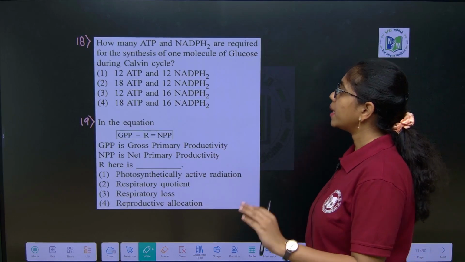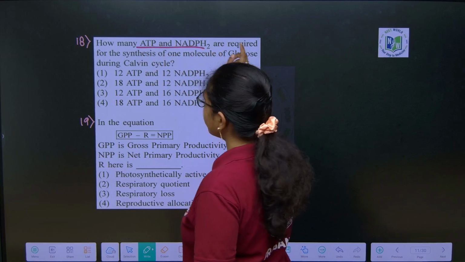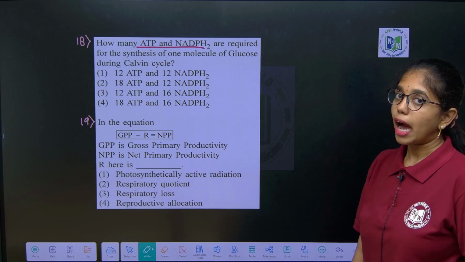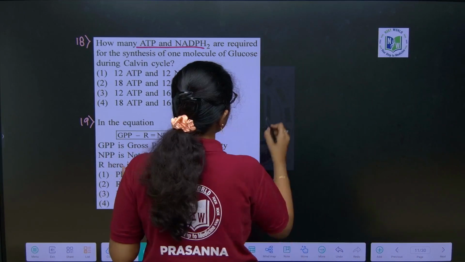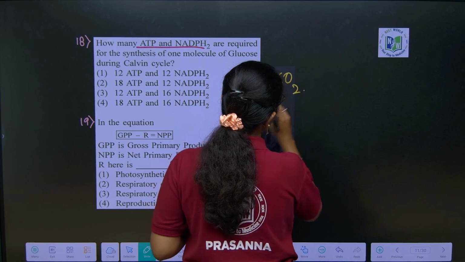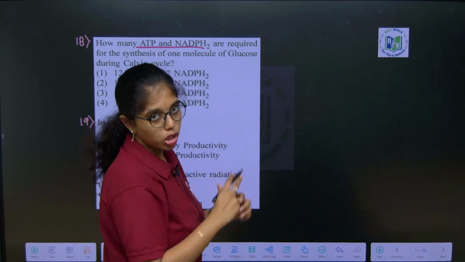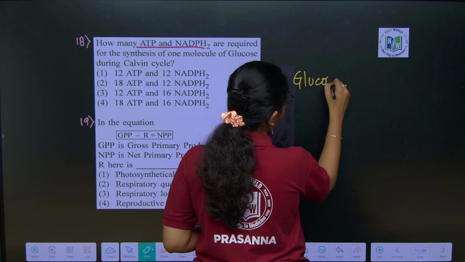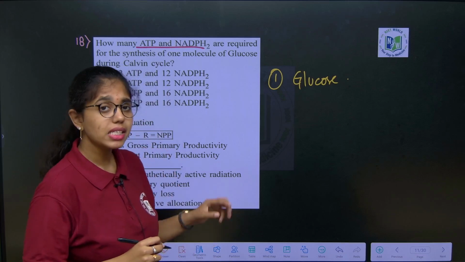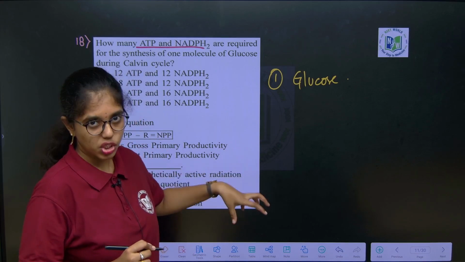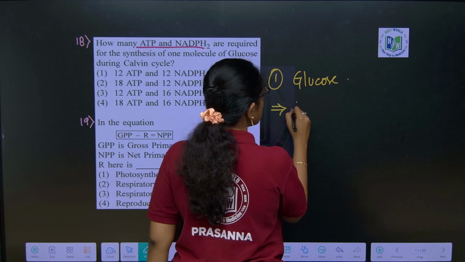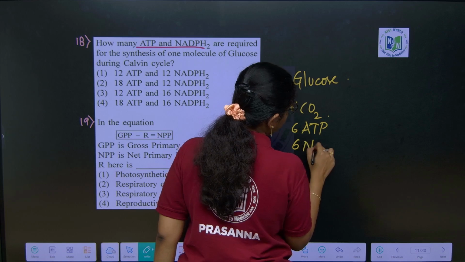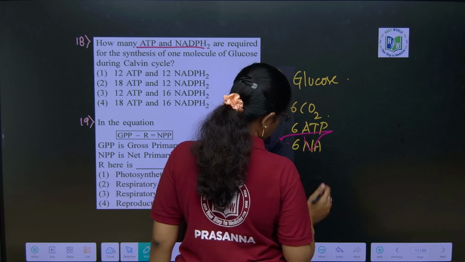Next, how many ATP and NADPH are required for the synthesis of one glucose molecule in the Calvin cycle? Of course, we all know. Let us quickly revise the Calvin cycle once. For one glucose formation, we need 6 Calvin cycles, that is, 6 carbon dioxides have to be fixed. So it requires 6 carbon dioxides.